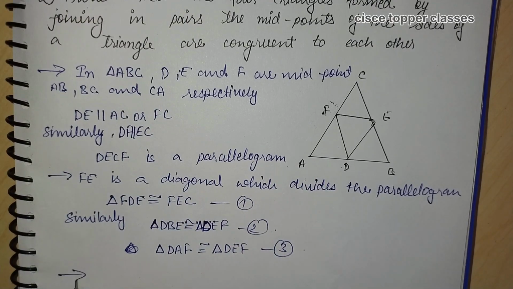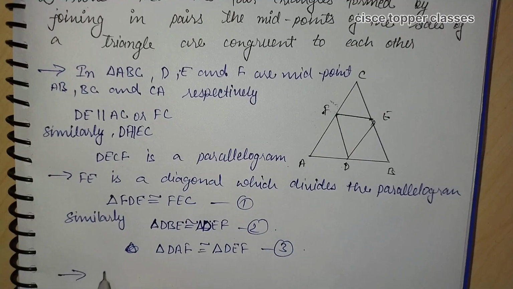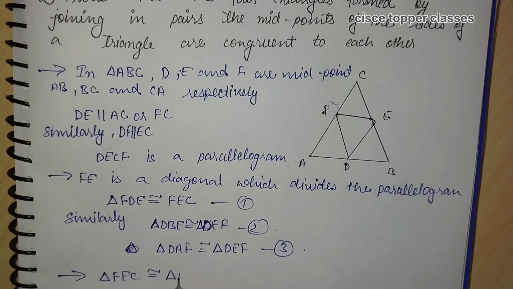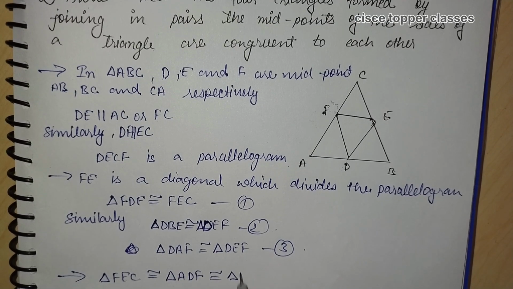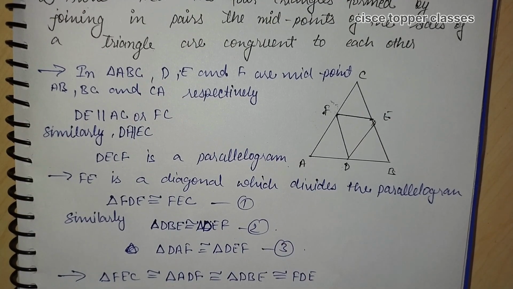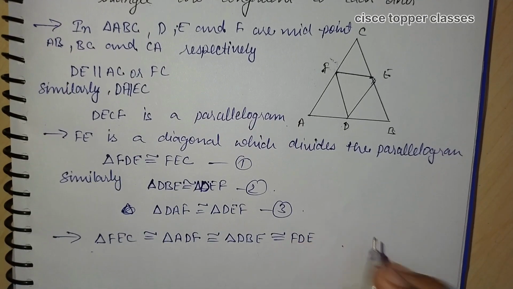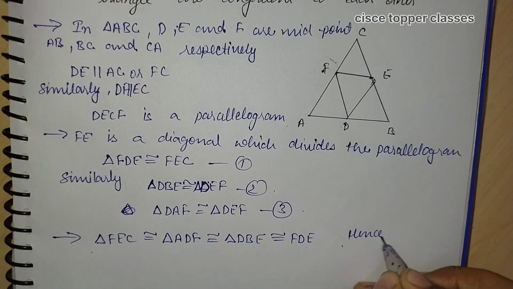From these three equations, we can simply say that these four triangles are congruent: triangle FEC is congruent to triangle ADF, this is congruent to triangle DBE, and this is congruent to triangle FDE. So from these three equations, this is the final answer which we have to prove in this question. Hence proved.